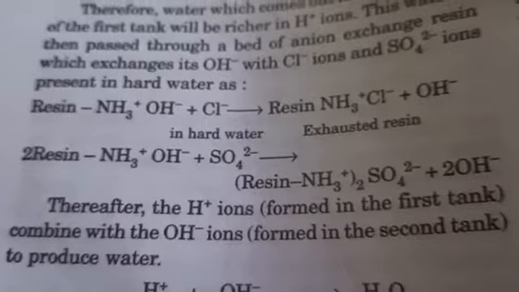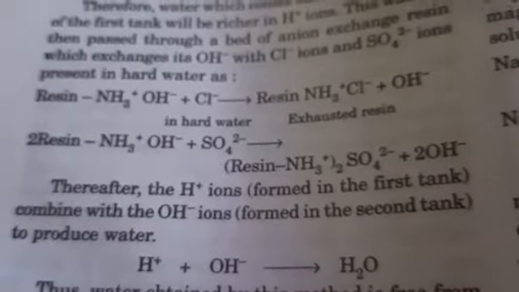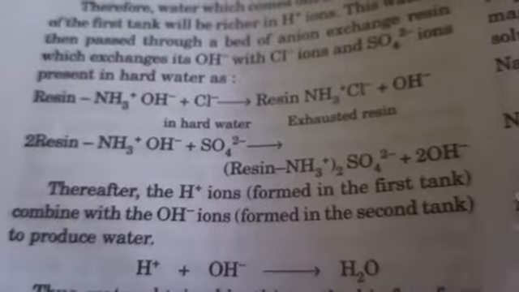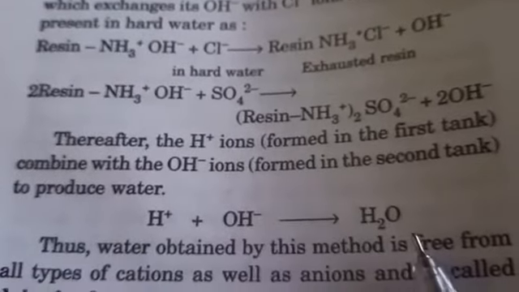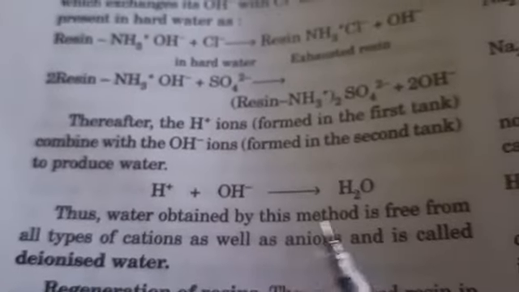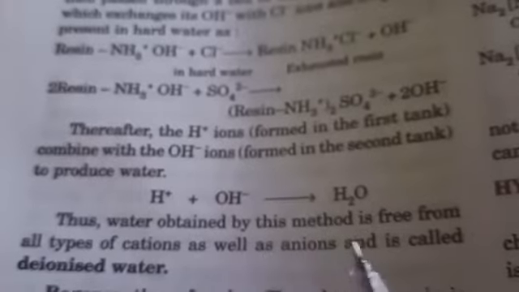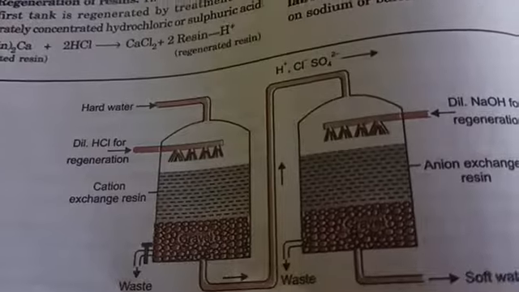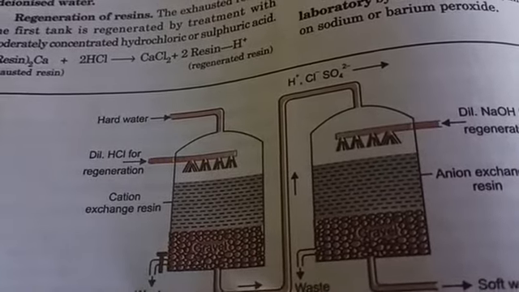Therefore, hydrogen ion formed in the first tank combines with hydroxide ion formed in the second tank to produce water. Thus, water obtained by this method is free from all types of cations as well as anions and is called deionized or demineralized water.